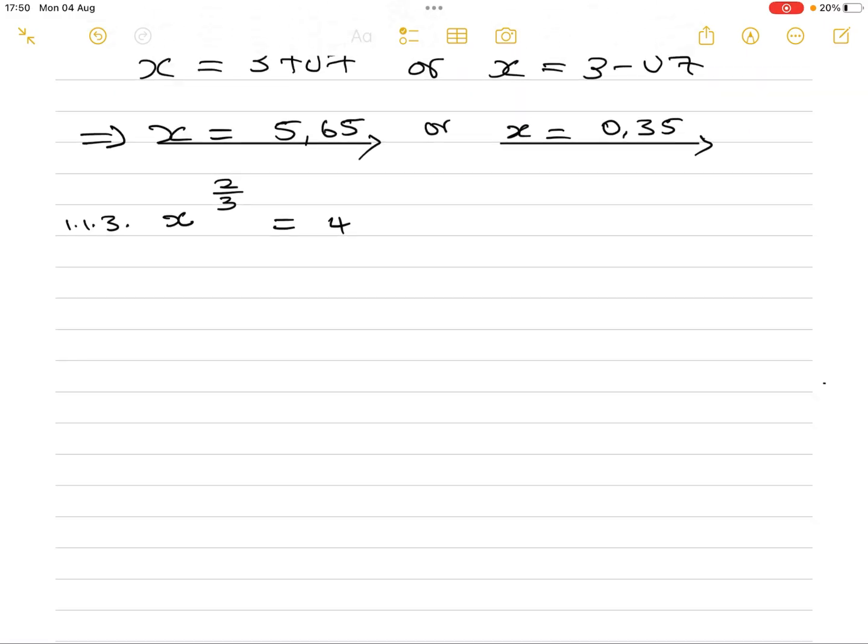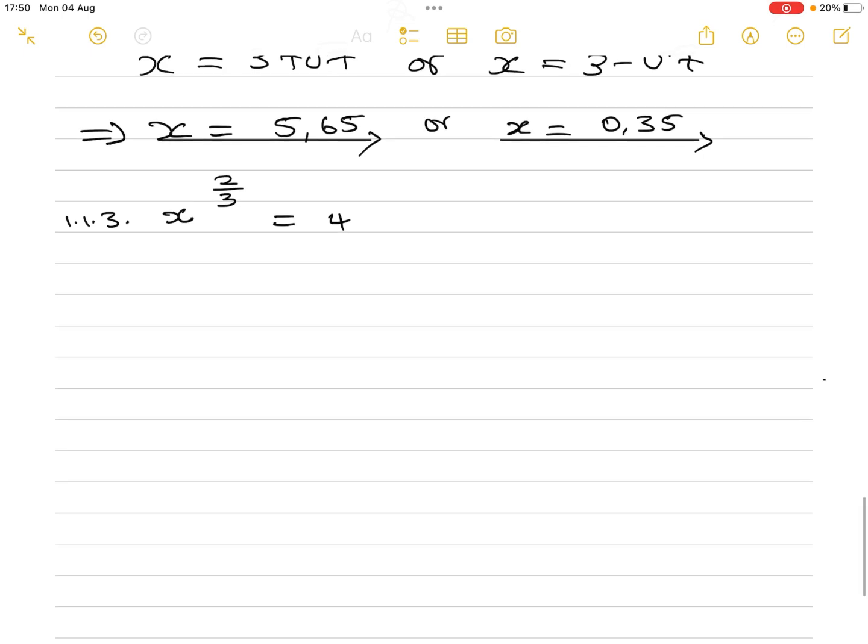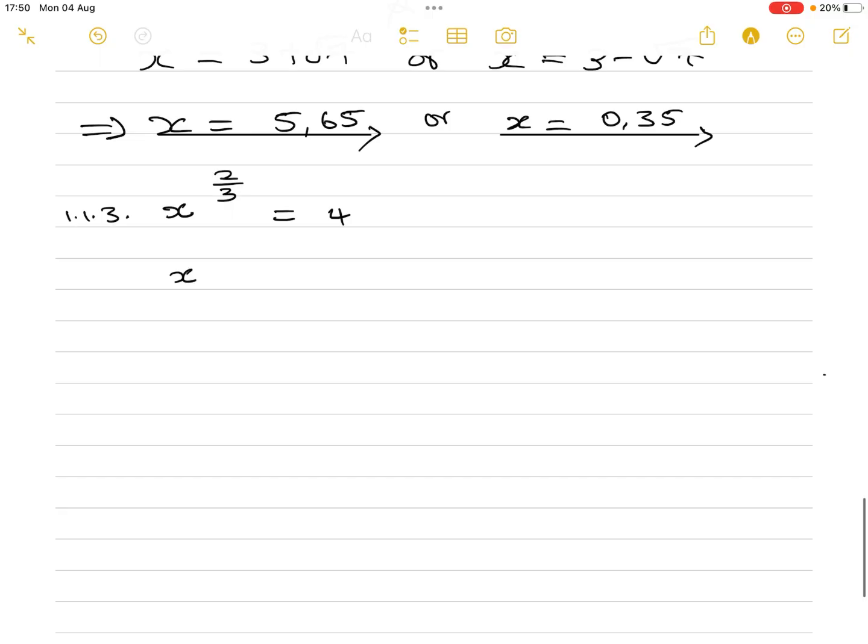rationalizing, whereby I try to eliminate the exponent that is in a fractional form. So this will be the same as saying x to the power of 2 over 3 times 3 over 2. What I did on the left, I have to do also on the right.